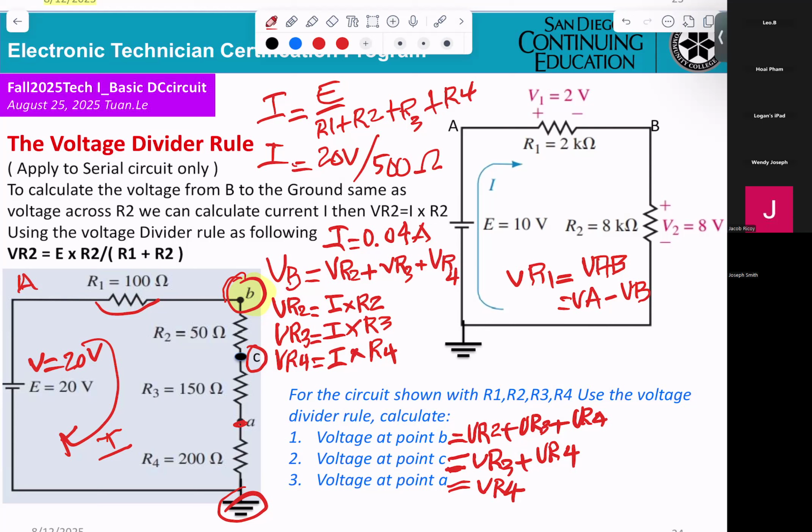However, if I say I want VC, then the meter connects high side to C, and the low side of the meter connects to the ground. If everything is clear to you, we deal with the rest later on. That's just the basics.